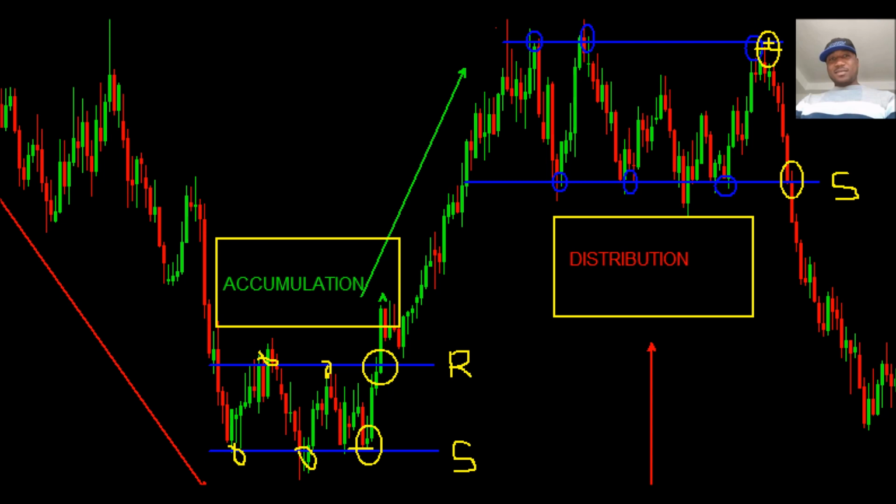Those that sell from this point will make more profit, and those that sell from this point are trading low risk, high reward. Because if you sell from this point, it is possible that the market can keep ranging. But selling at this point is like saying that after this structure of the market range, the next thing that's going to happen is that the market is going to trend.